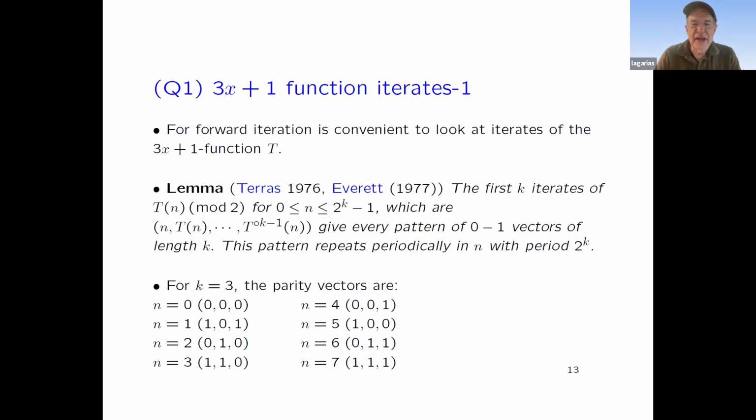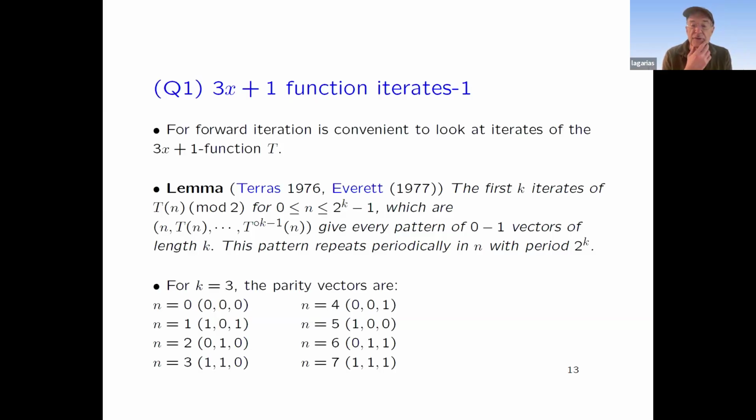I have it here for k equals 3, looking at mod 8. If you put in 0, you get 0, 0, 0. If you put in 1, you get 1, 0, 1. And the parities for 2 are 0, 1, 0, and so on. And 2 to the k minus 1 has the parity pattern of all ones, the first k ones.